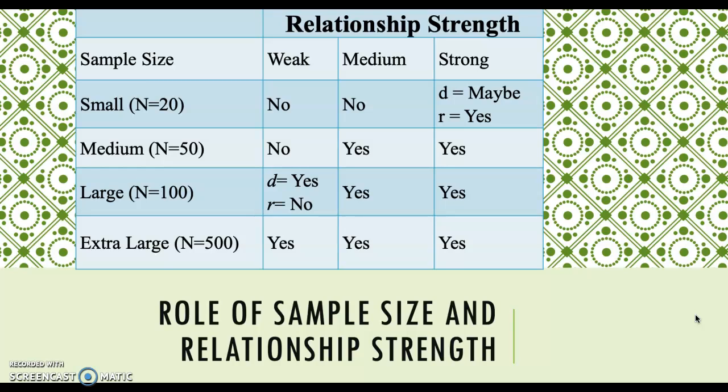If a cell contains the word yes, then this combination would be statistically significant for both Cohen's d and Pearson's r. If it contains the word no, then it would not be statistically significant for either. There is one cell where the decision for d and r would be different, and another where it might be different depending on some additional considerations.